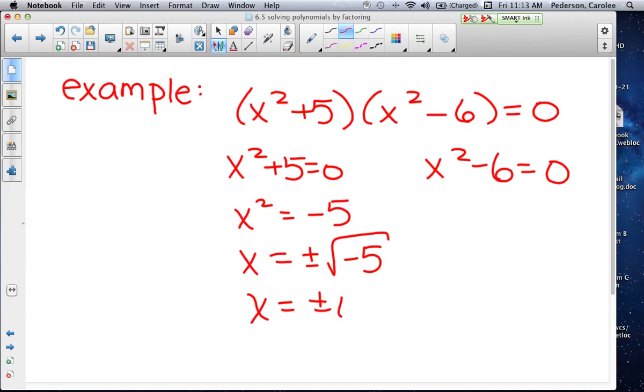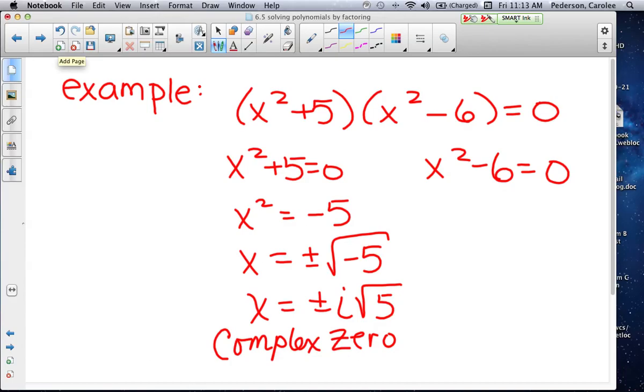So remember, from earlier in our chapters, we replaced that negative with an i out in front, and then the square root of 5. This is called a complex zero. We learned earlier in our class that a complex zero is not an x-intercept on the graph. So we still have zeros, they're just imaginary or complex zeros.